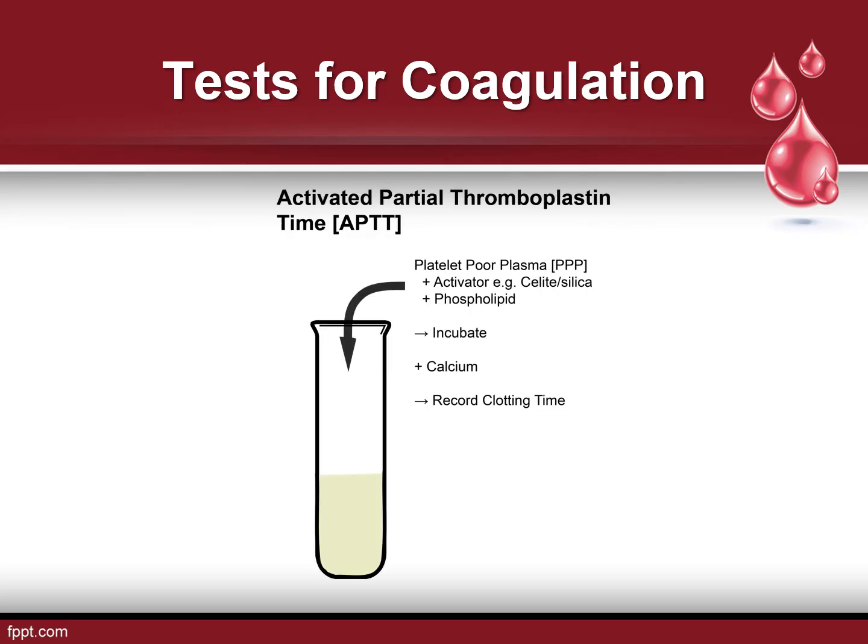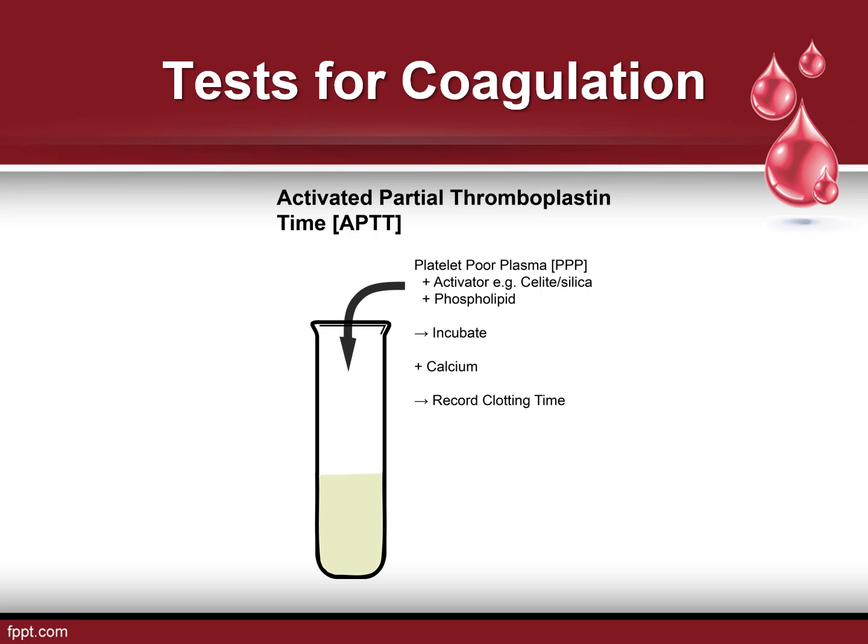Now we are going to talk about the methodology for testing APTT. Platelet poor plasma is incubated at 37 degrees, then phospholipid and a contact activator like celite, silica or kaolin are added. This leads to the conversion of factor 11 to factor 11A, but the remainder of the pathway is not activated as no calcium is present.